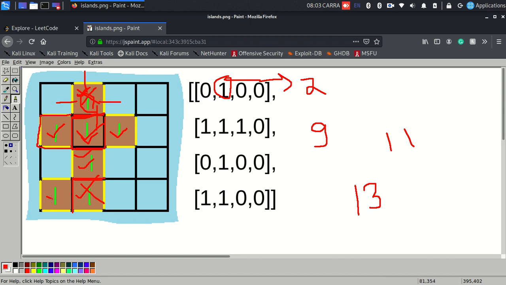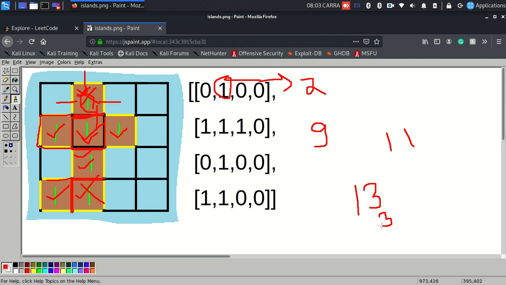I come to this particular island, and I see that it has one common edge here, and no common edges on the left, up or right side. So the perimeter accountable for this island would be nothing but 4 minus 1, because I have one common edge, and that would be 3.